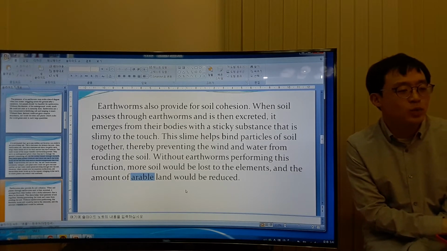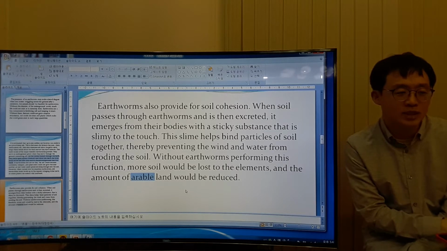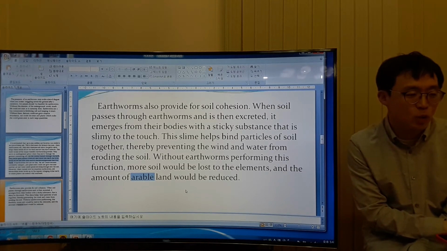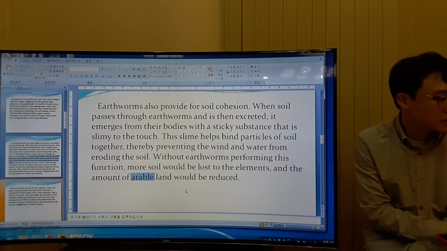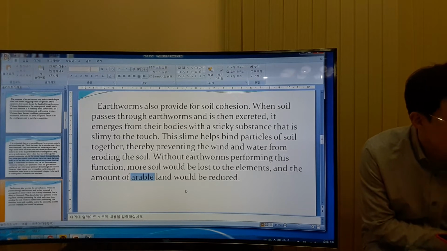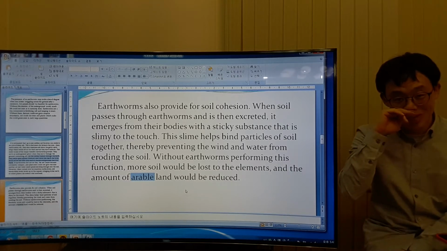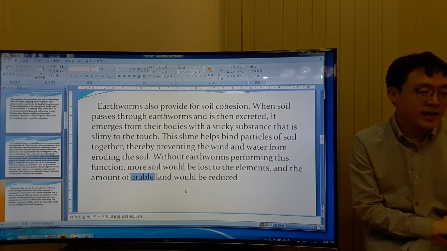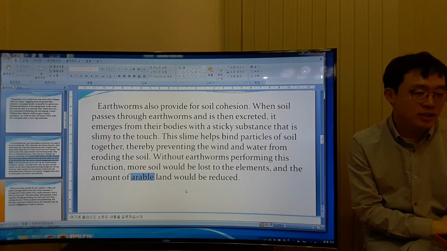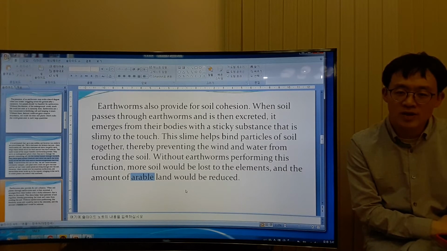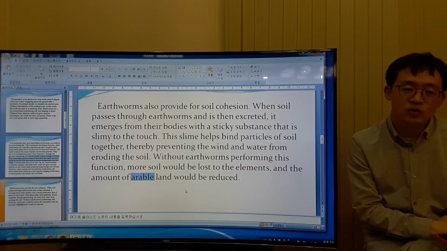Lost to the elements. What is the elements? The elements means the weather, especially wind and rain. Arable means related to agriculture, farming, all right, and especially growing crops rather than keeping animals or growing fruits or vegetables.